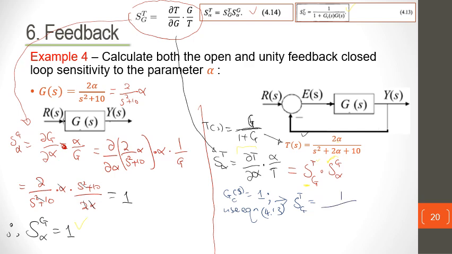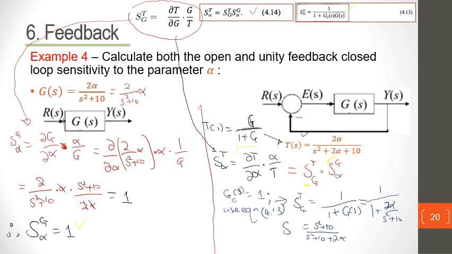We can write this as 1 over 1 plus G of S. Substituting alpha over S squared plus 10, and multiplying by S squared plus 10 on both the top and the bottom, this is going to give us S squared plus 10 at the top divided by S squared plus 10 plus 2 alpha.